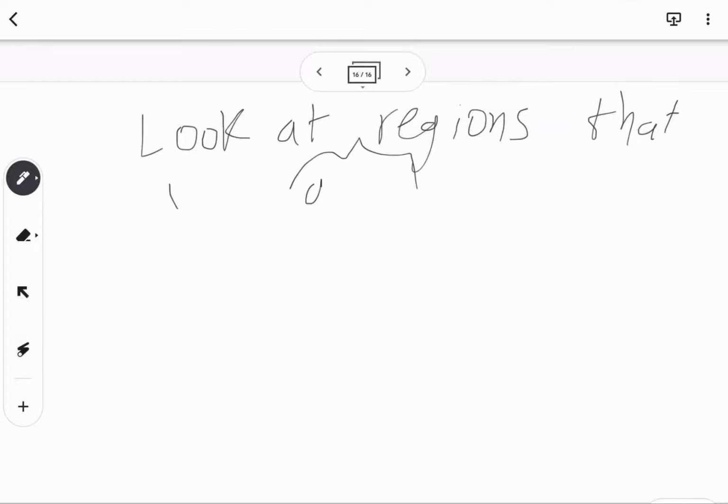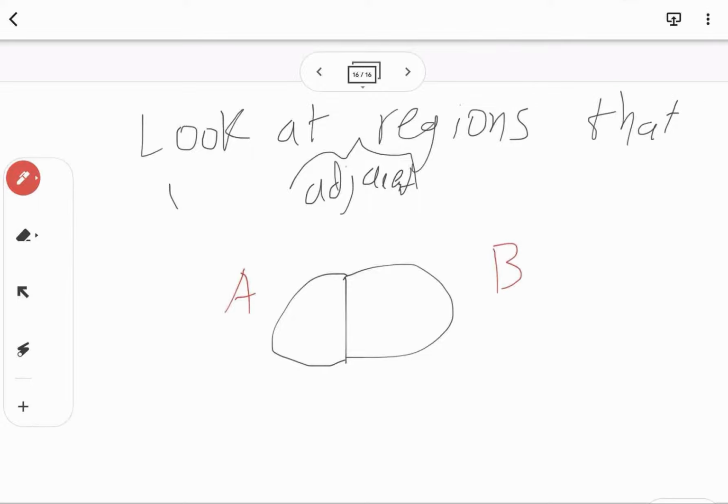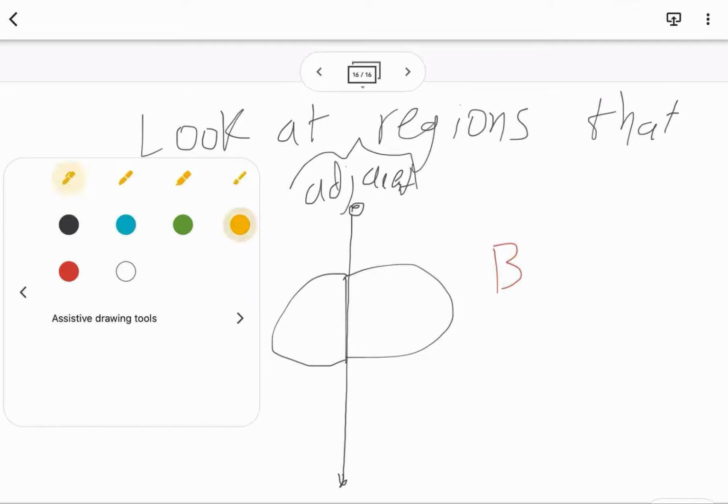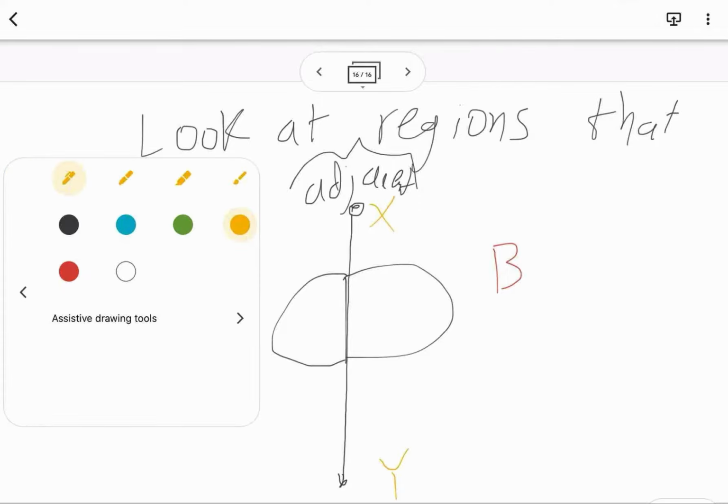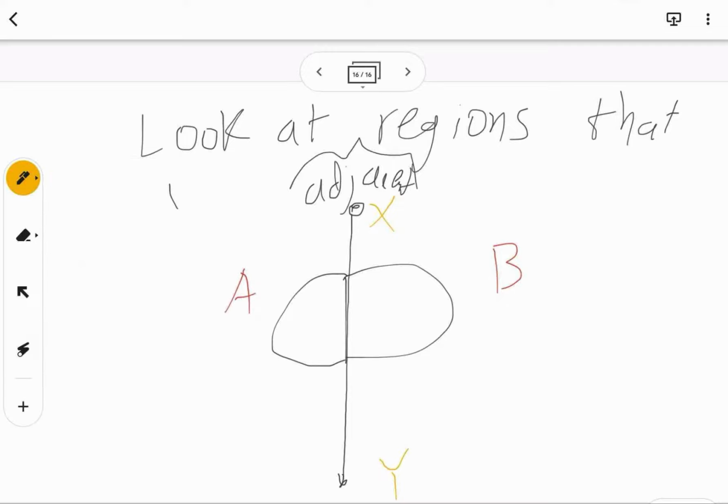Let's say we have some region here and some region here, right? I'll call this A and B. These regions are touching somewhere, so this is a diagonal, so this would be X and Y. And if we want to somehow use these regions, basically, what if we move the point?